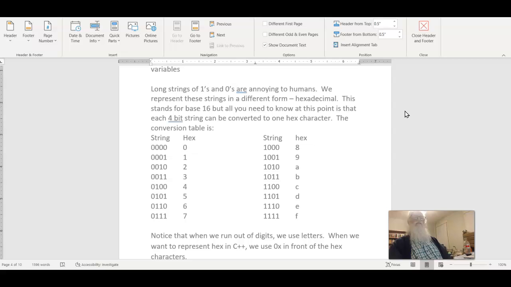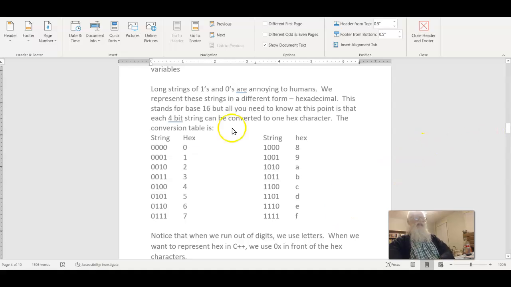We will use base 16, which we call hexadecimal. But luckily for us, turning hexadecimal into binary is trivial. We just start at the right, and every 4 binary digits, we substitute the hex digit.